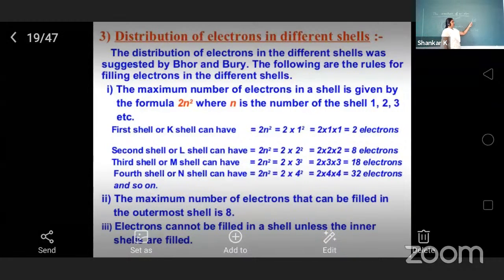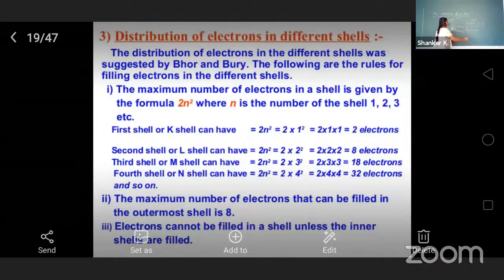Using the formula, 2 into 1 squared is 2, so 2 electrons should be present in the K shell. Then the second shell, the L shell, has n equal to 2, so 2 into 2 squared is 8. Eight electrons should be present in the L shell.